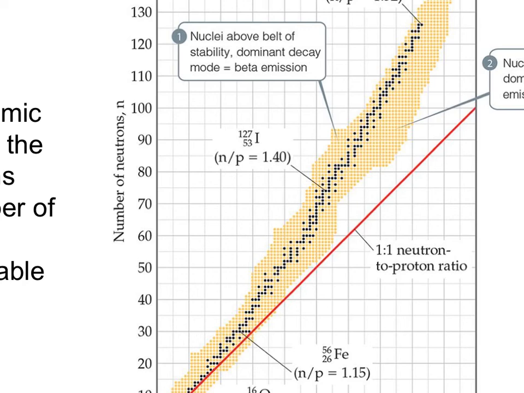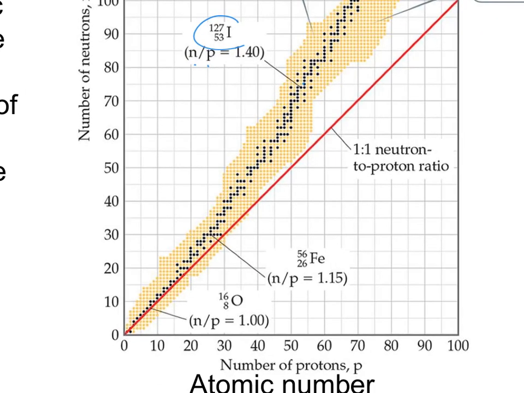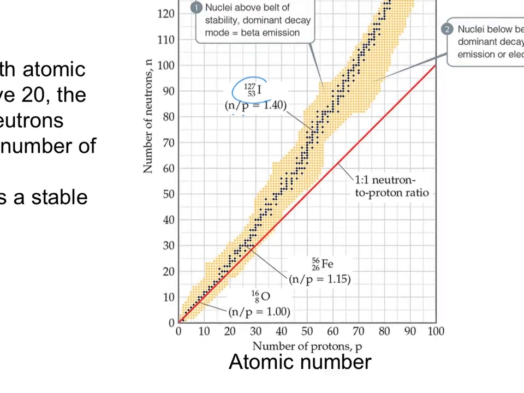So for iodine-127, we have a neutron to proton ratio of 1.4. It's one of these blue dots in here. Iron is a little bit above as well. Iron-56, you can see this neutron to proton ratio. And so we're deviating from this 1-to-1 ratio.